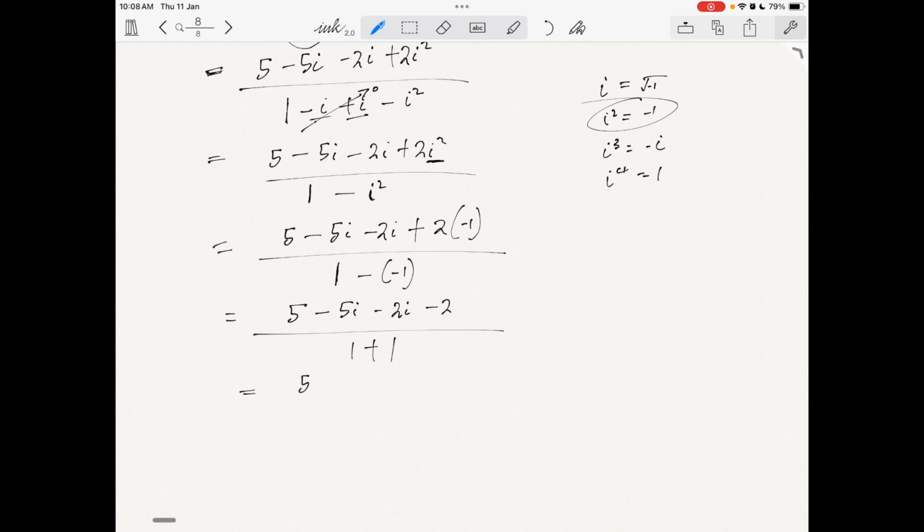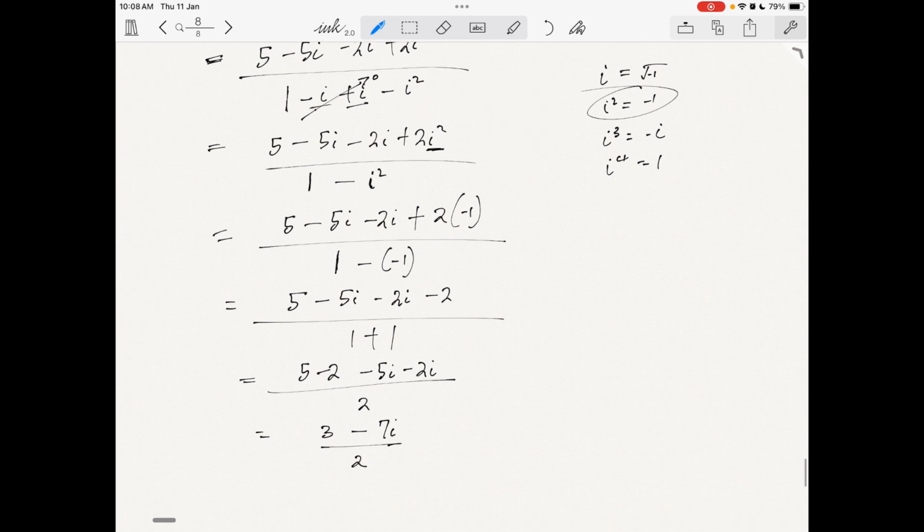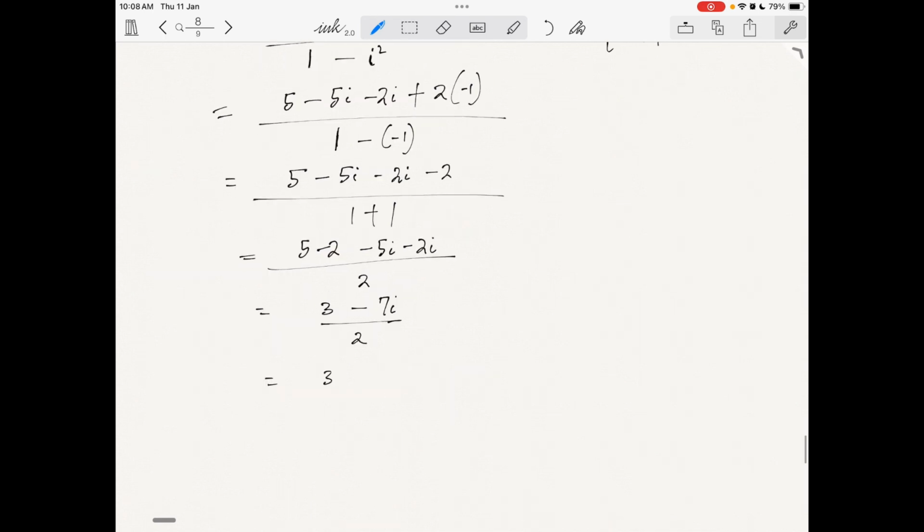So this gives us 5 minus 2 minus 5i minus 2i divided by 1 plus 1 is 2. So this gives us 3 minus 7i divided by 2, which can also be written as 3 over 2 minus 7 over 2i. So this will give us Z3 divided by Z4.